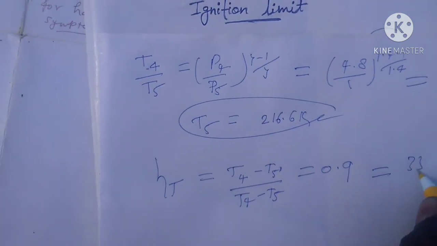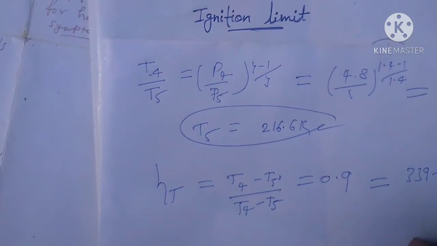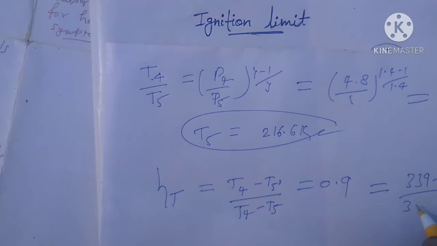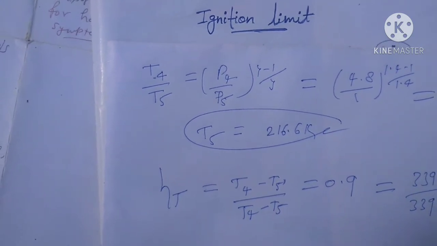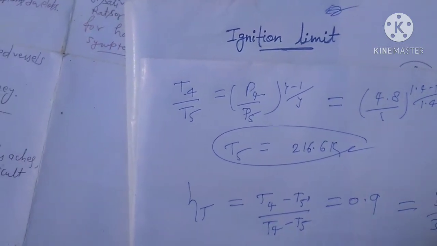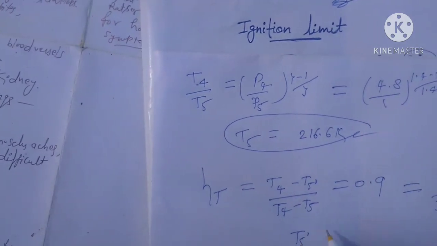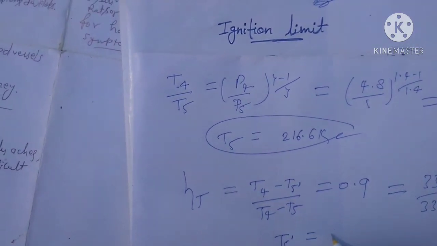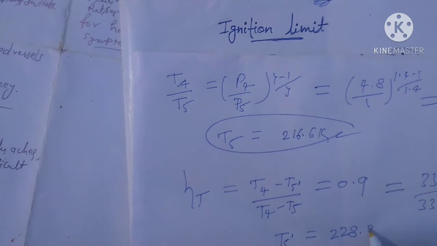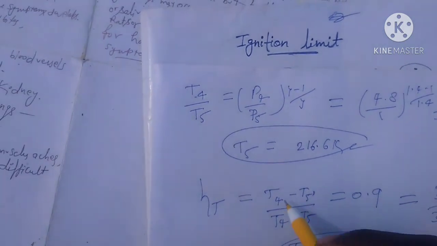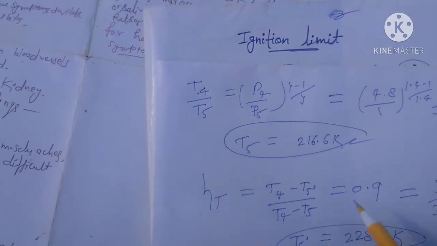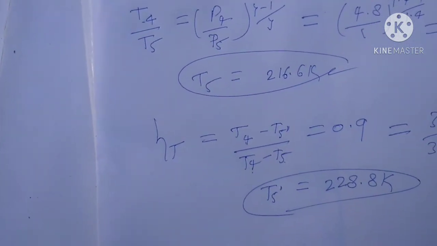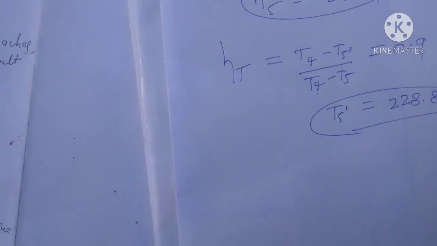After calculation, 339 minus T5 dash divided by 339 minus 216.6, you find T5 dash as 228.8 Kelvin.